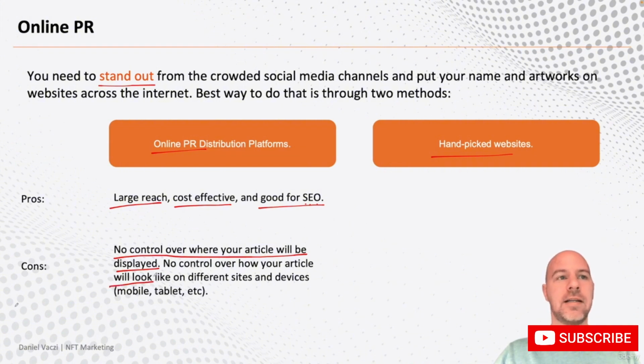This is just the nature of the internet, really. You can't control how other websites will display your video or picture or your article. So I'll show you an example later of what a PR release looks like, and what the issues could be around the article and when it gets published.